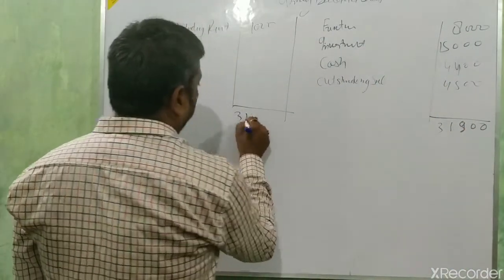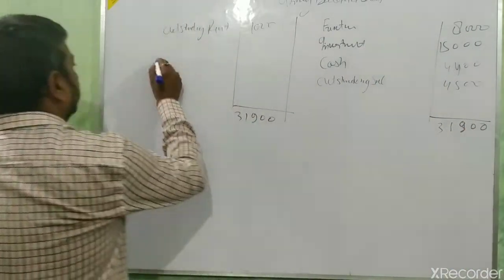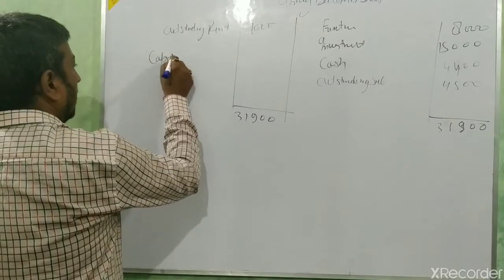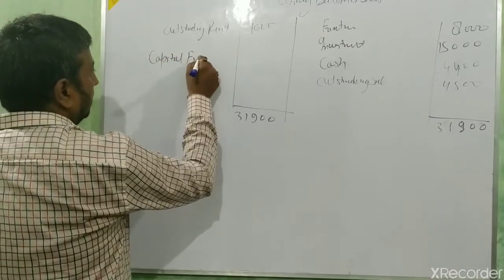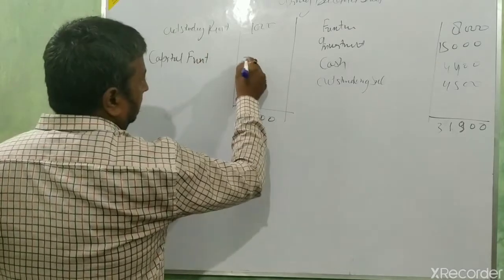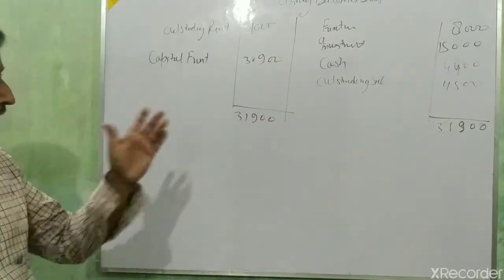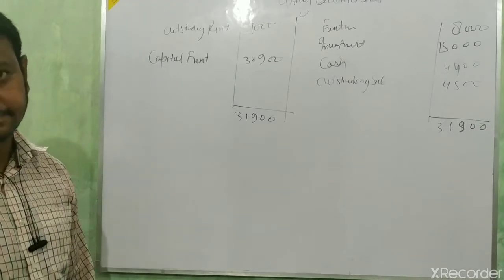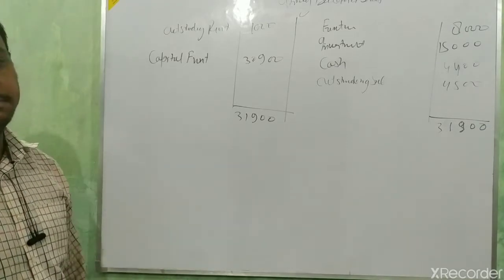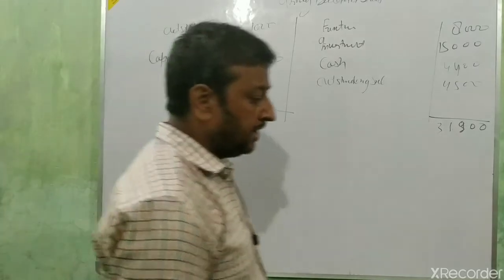Total 31,900. Then capital fund 30,900. This way we are going to make the opening balance sheet.